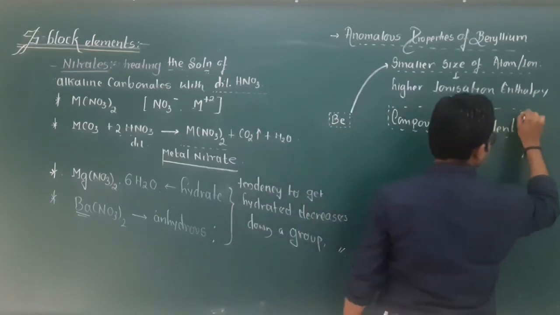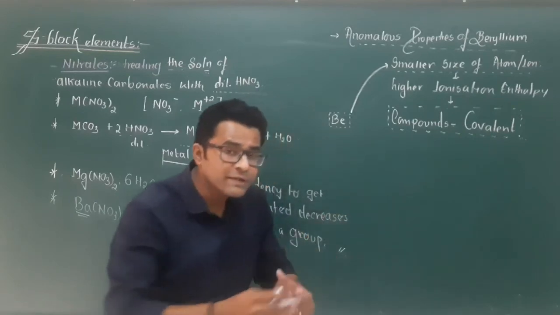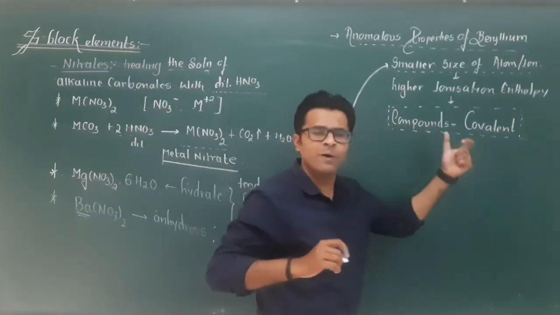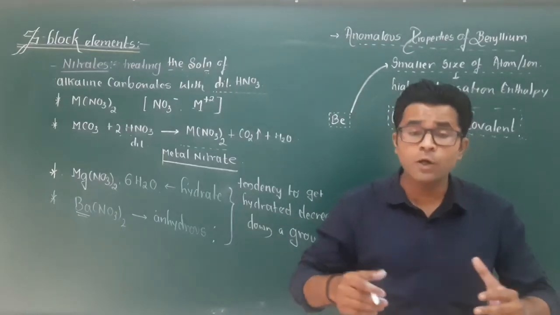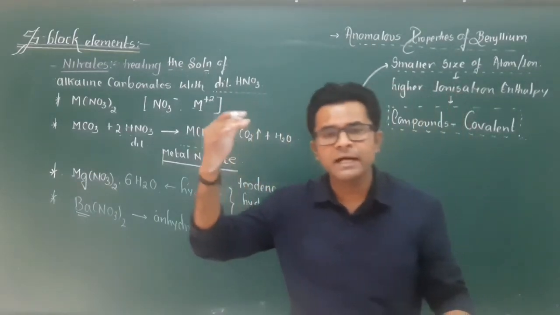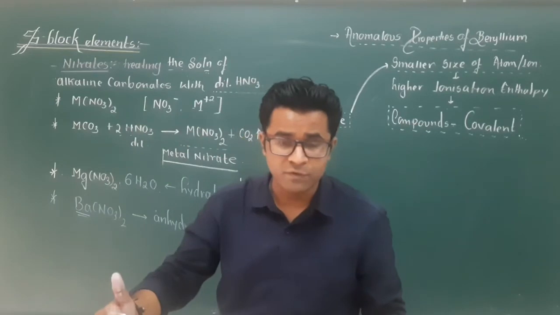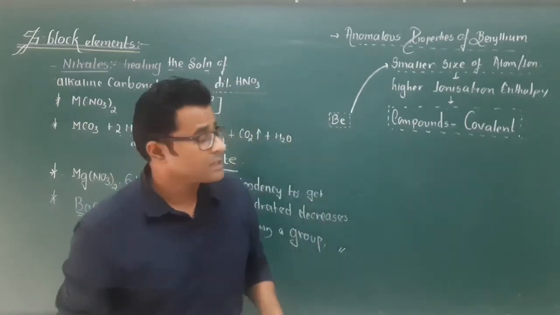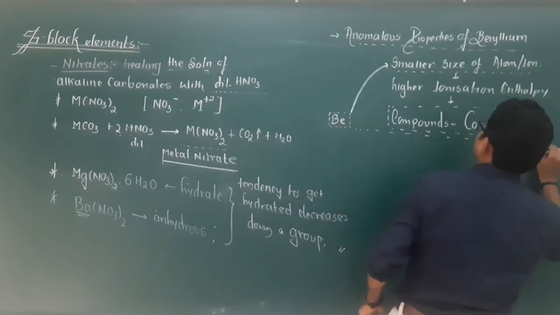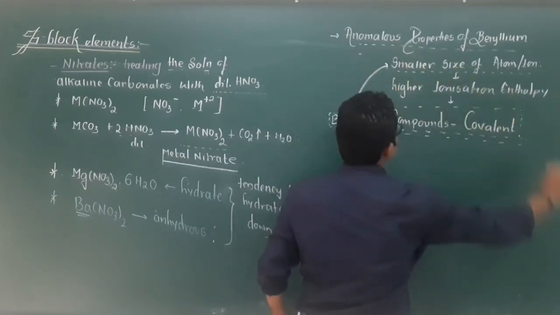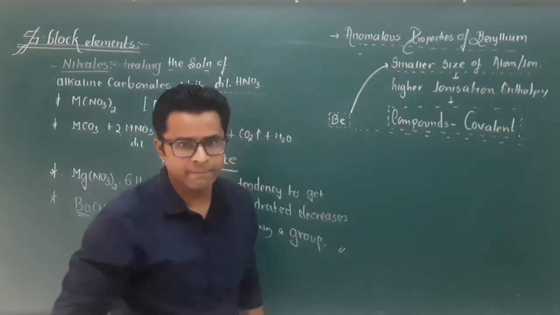This is where everything starts to differ. Because of the covalent bond, the beryllium compounds show properties which are not similar to the other elements of the same series. Therefore, these are the reasons why we get the anomalous properties of beryllium.